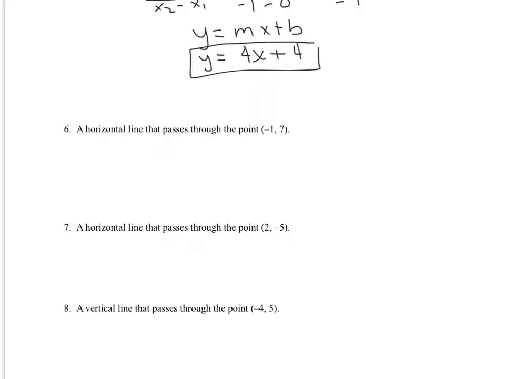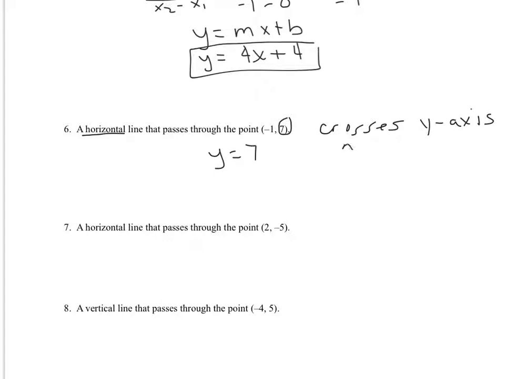So the simplest way to get the equation when it's a horizontal line is to realize that if it's going to cross the y-axis, every point on that line is going to have the same y value. So all I need is the y value out of my ordered pair. And that tells me my equation will be y equals 7.